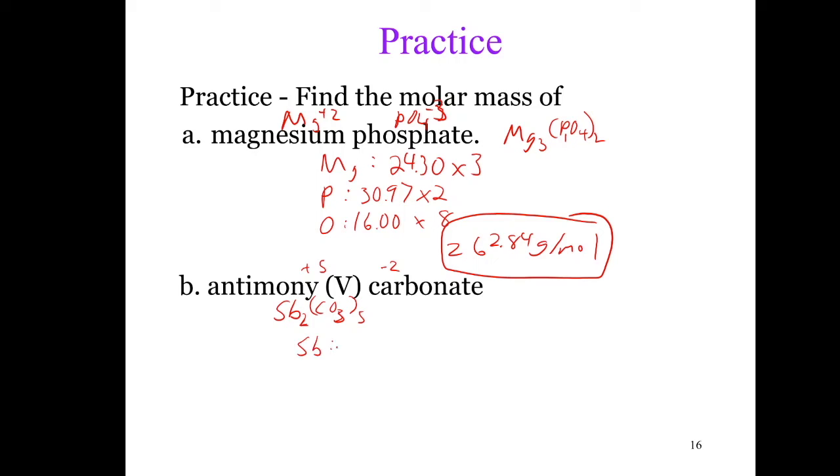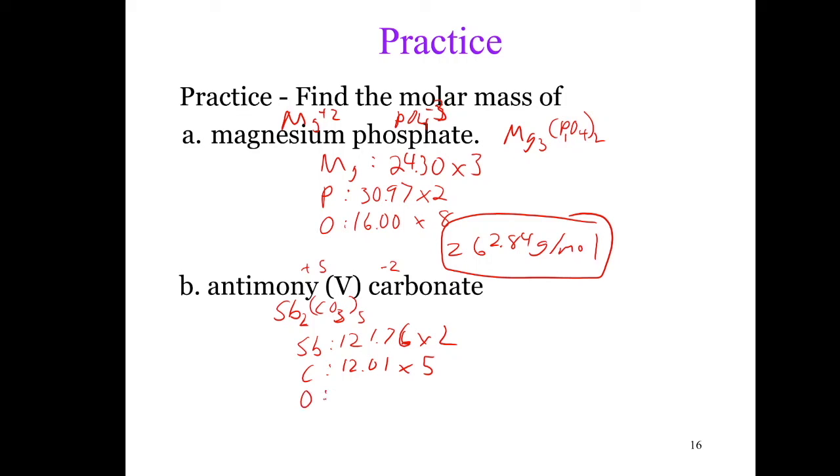Go through the same process. Look up the molar mass of antimony, 121.76. Multiply it by 2 because there's 2 of them. Look up carbon's molar mass, which is 12.01 using the periodic table. I multiply by 5 because there are 5 carbonate ions.